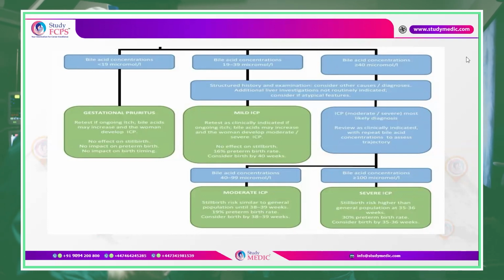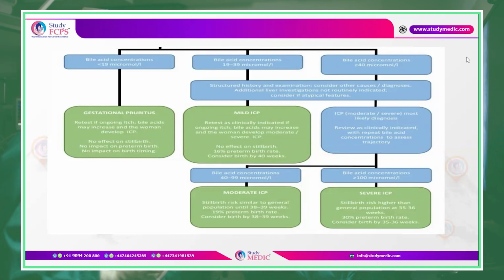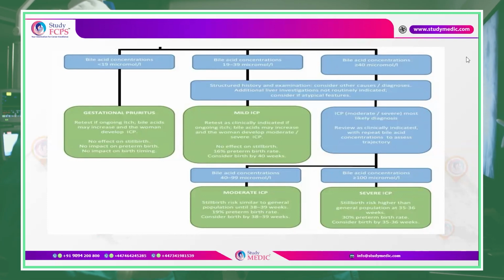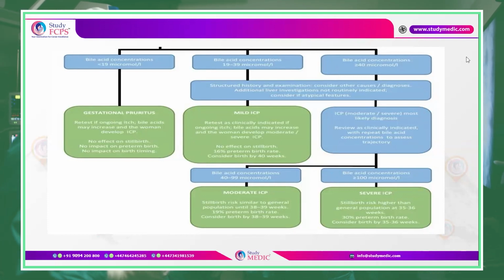However, if the bile acid concentration falls in the range of 19 to 39 micromole per liter, or if it falls at 40 or more, then we have to go step by step, that is history and examination. A structured history is to be taken and examination is to be done to consider other causes and diagnoses.